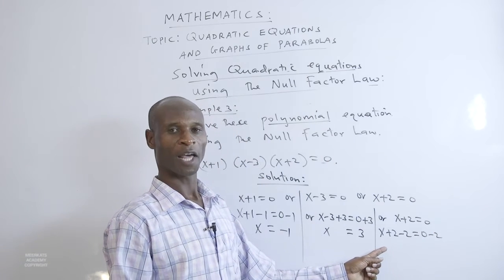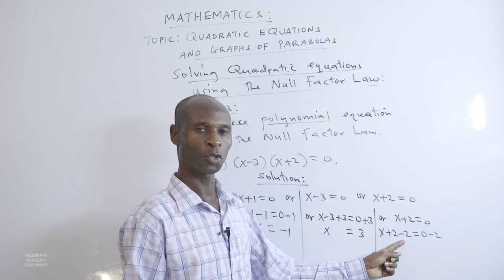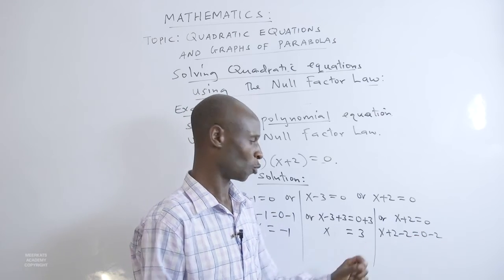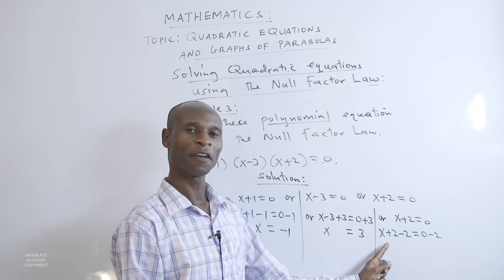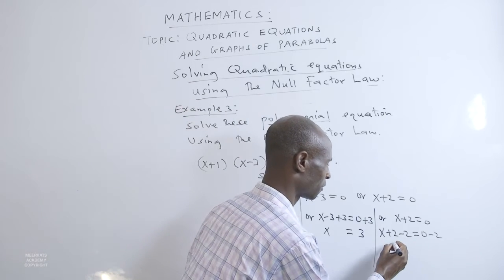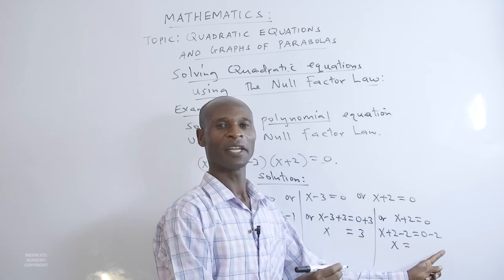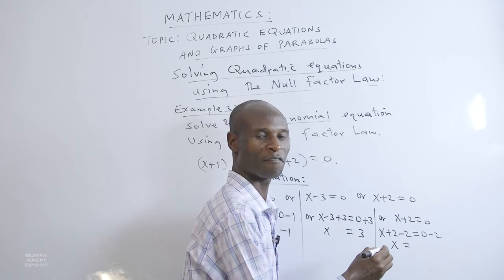So in this case, we shall have x plus 2 minus 2, which is equal to 0 minus 2. If we take x plus 2 minus 2, on the left-hand side, we shall remain with x. 0 minus 2, on the right-hand side, we shall have minus 2.